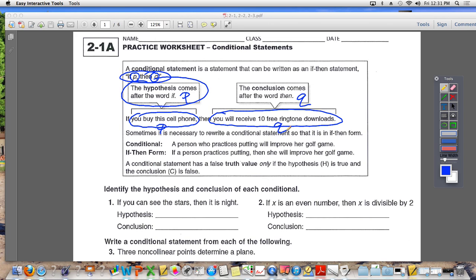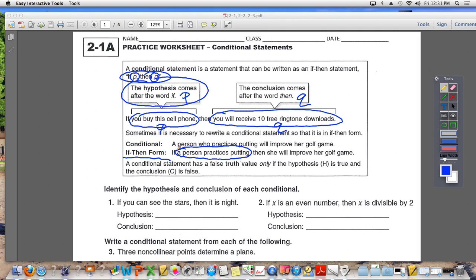So: a person who practices putting will improve her golf game. That is not in if-then form, but you could rewrite it: if a person practices putting, then she will improve her golf game.